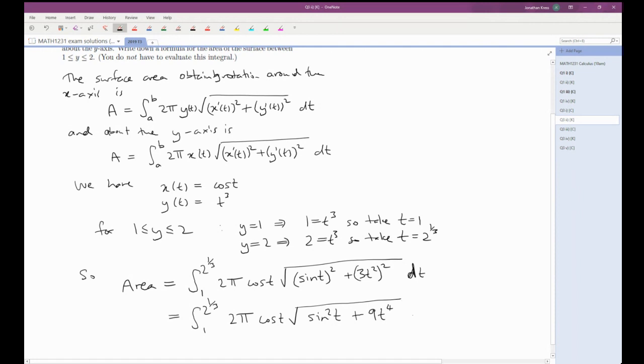Simplifying risks making a small error, so maybe it's better not to. This is not something that we know how to integrate, but the question says you do not have to evaluate the integral, so you don't worry about trying to integrate this. But that's the formula there.